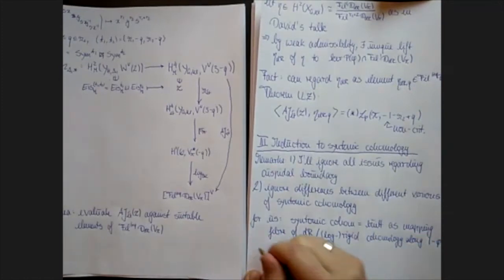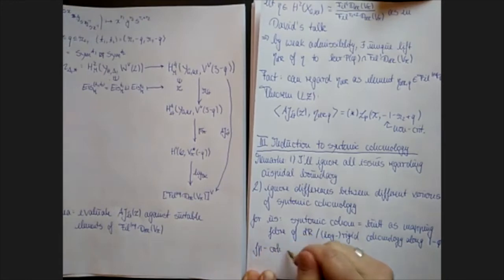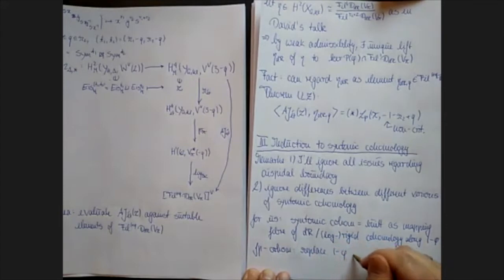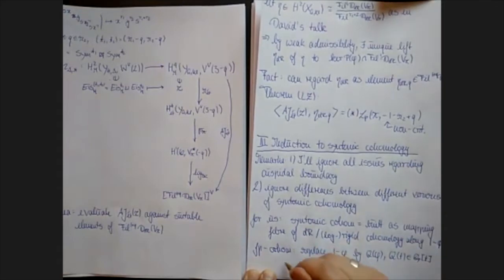What I want to say though, we will also use a variant called FP cohomology, where FP stands for finite polynomial, and that was invented by Besser, where we replace 1 minus phi by Q of phi, where Q of t is a polynomial with coefficients in Q_p with constant term 1.